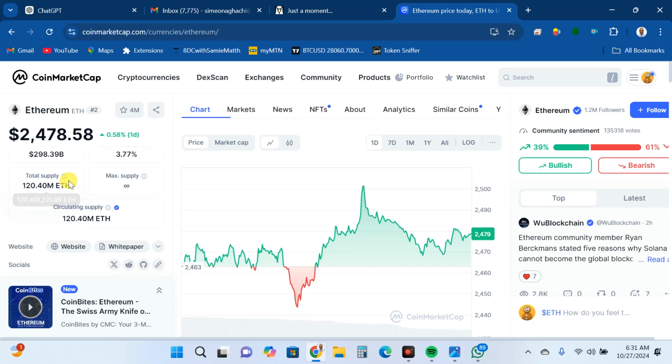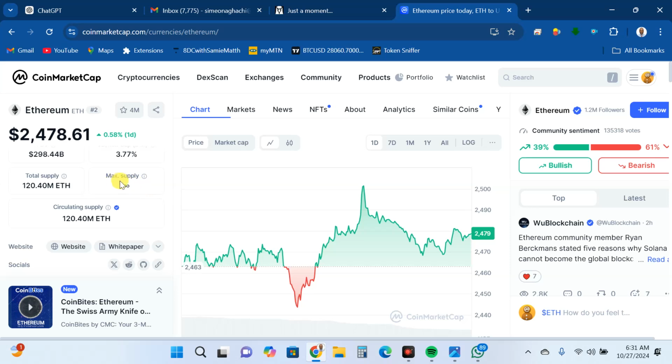And that's not a good metric. I don't like projects that don't have their total supply displayed on CoinMarketCap. They may have their reasons actually, but I just don't like it.